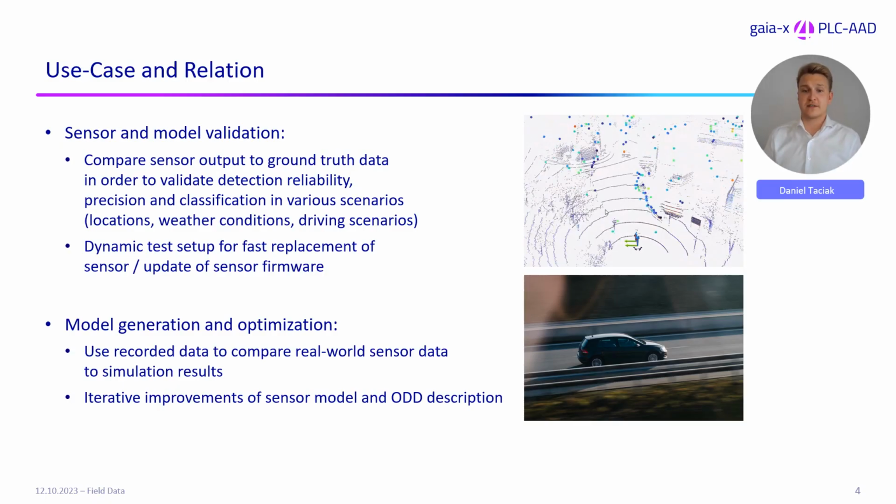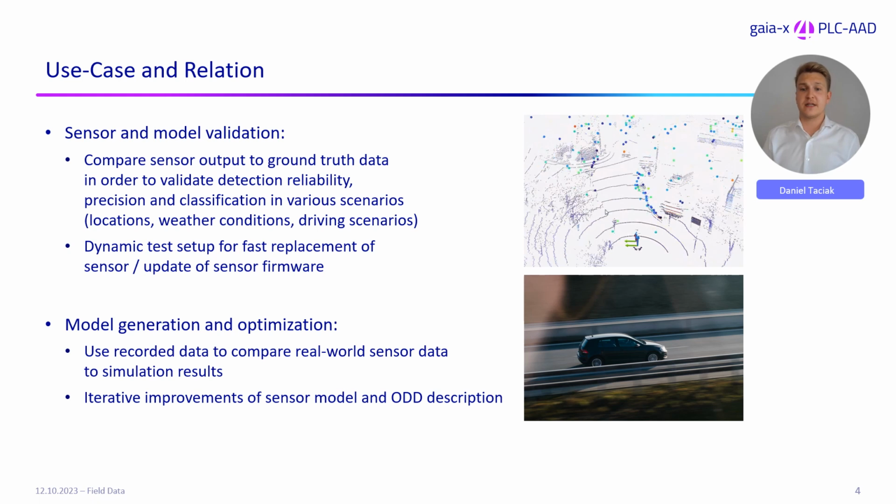Let's talk about the reasons for performing field data recordings and who the beneficiaries are. We are looking at three main groups of stakeholders. The first one is the sensor manufacturers, who seek great amounts of field data to provide statistical proof of sensor reliability, precision, and classification stability in various conditions.